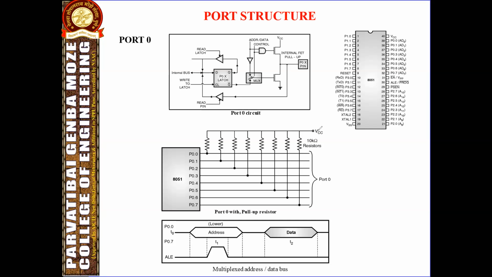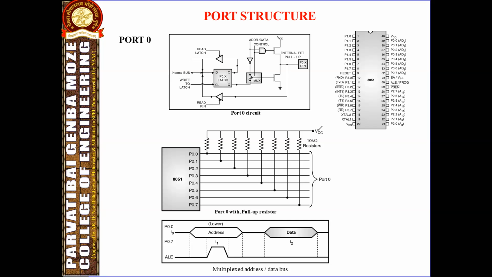When port 0 is used as an input port, 1 must be written to the corresponding port 0 latch. That will cause both output transistors to switch off and the pin floats in a high impedance state. Hence, it is called a true bidirectional port, because when configured as an input port it floats.